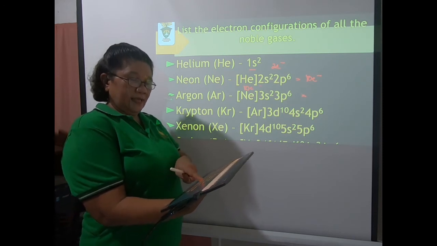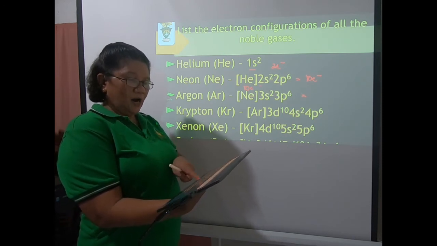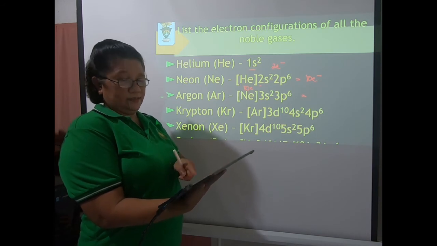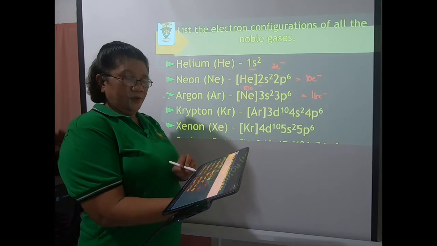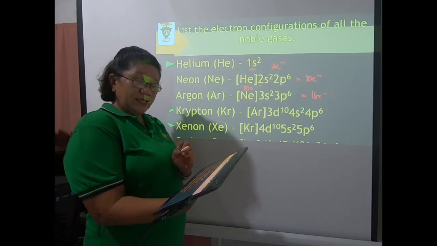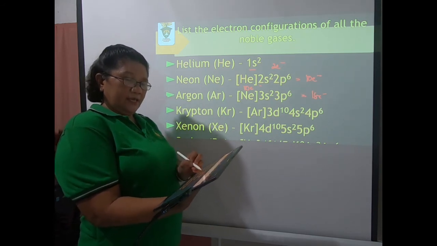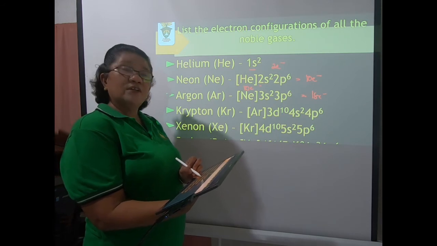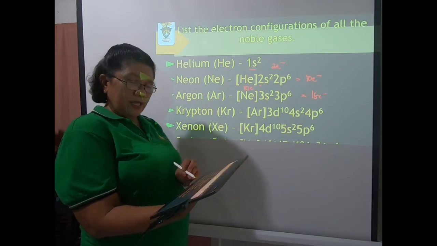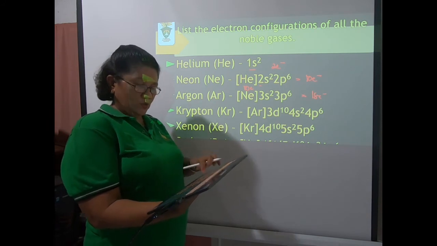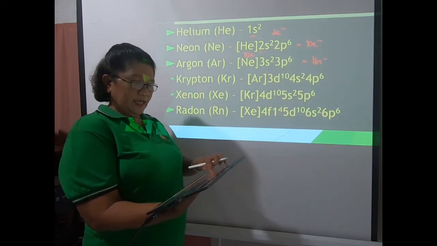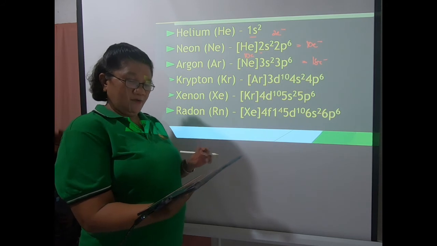So, argon is 18. Therefore, your noble gas configuration is neon in brackets specifying 10 electrons, then 3s2, 3p6, and so forth for krypton and xenon and radon.